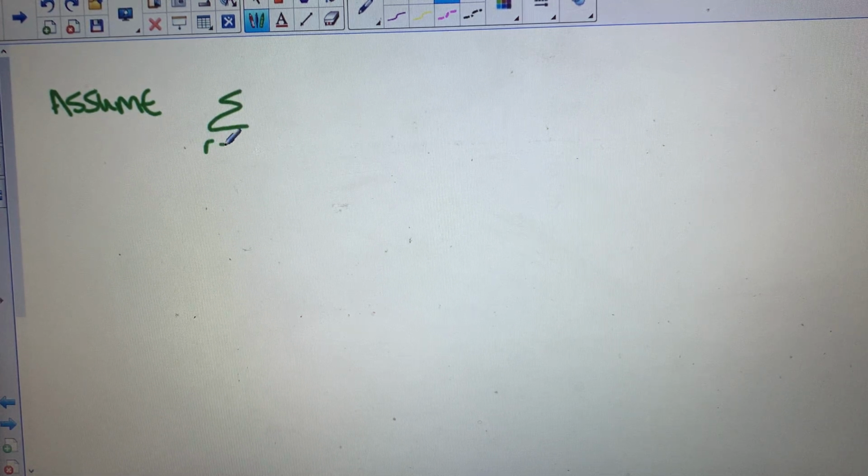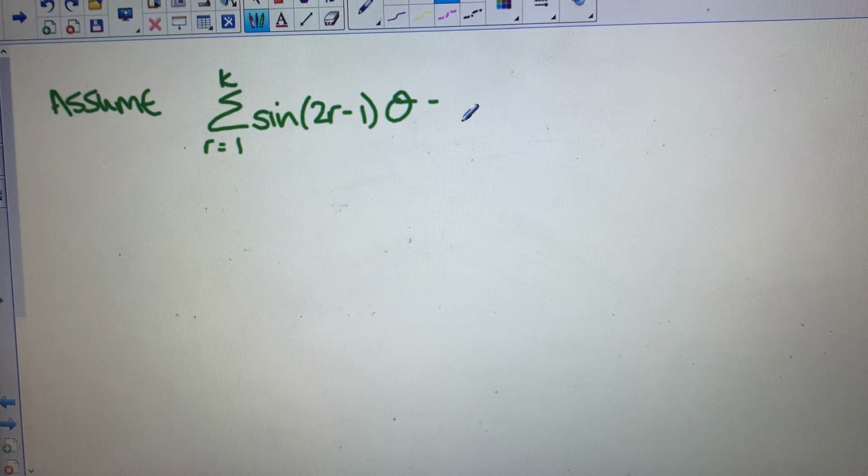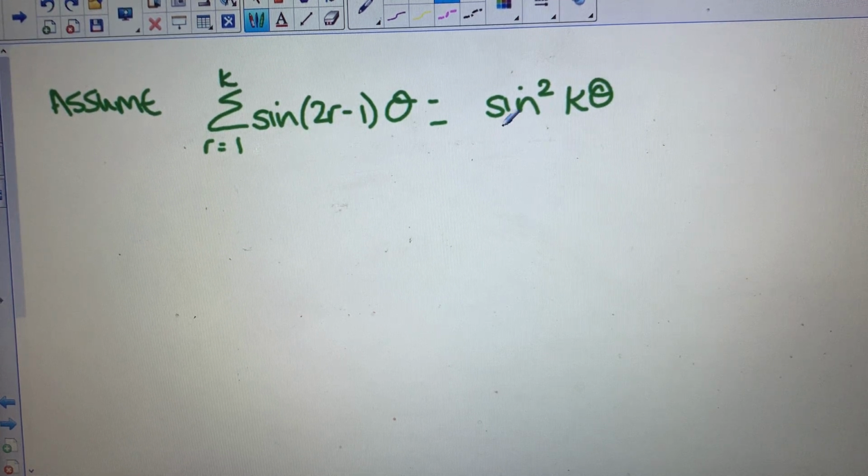For my inductive step, I'm going to assume, having first written the left hand side as a summation, which is a little bit of work in itself, the sum from 1 to k, and again I'm going to use the general term. I'm going to assume that that is equal to sine of k theta all squared all over sine theta.